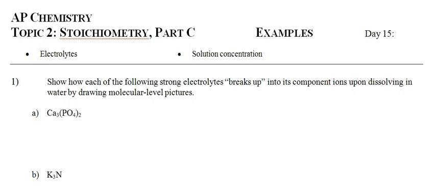All right, question number 1. Show how each of the following strong electrolytes breaks up into component ions upon dissolving in water by drawing molecular level pictures. Don't worry about the pictures. I'm more interested in you showing me how these dissociate. Also, when I talk about strong, don't be so concerned about what the word strong means at this point. When we talk about acids and bases, strong will be defined at that point.